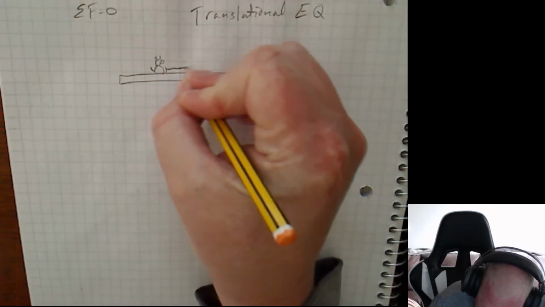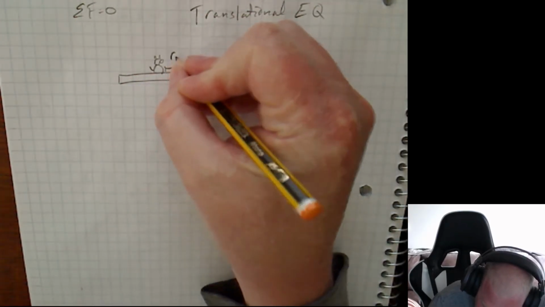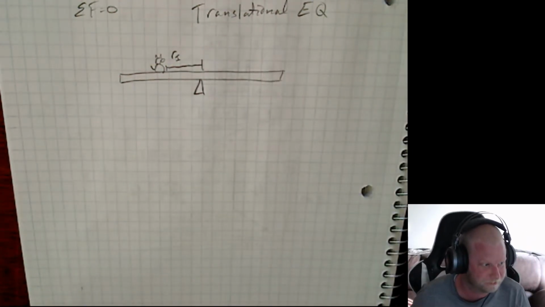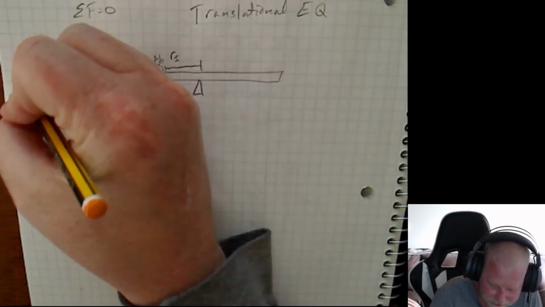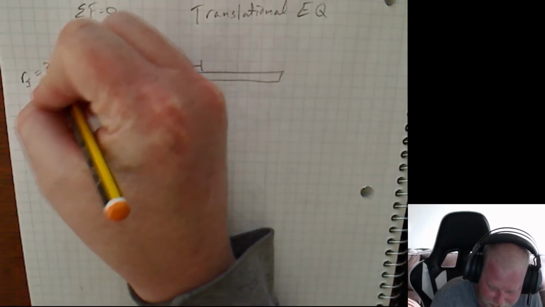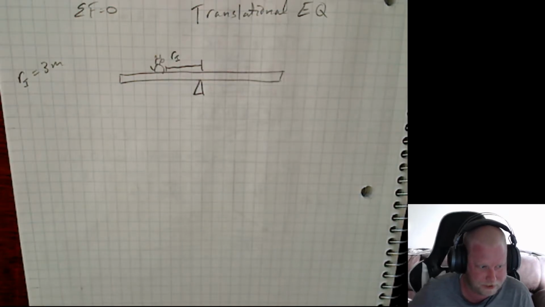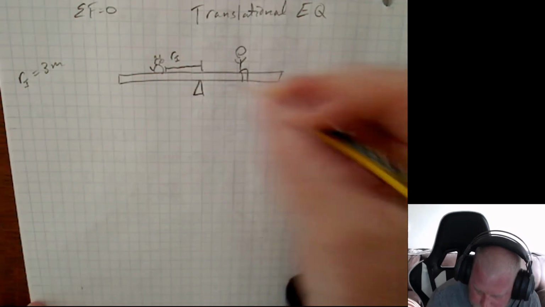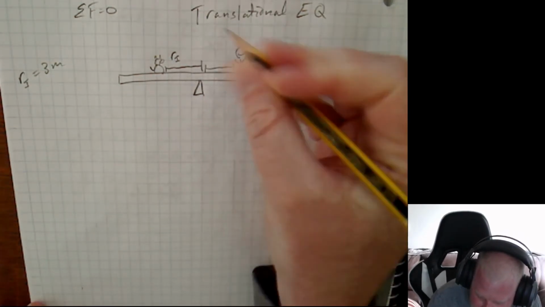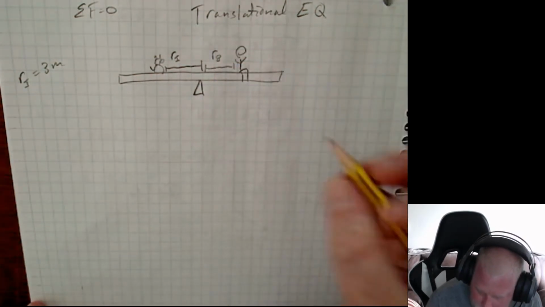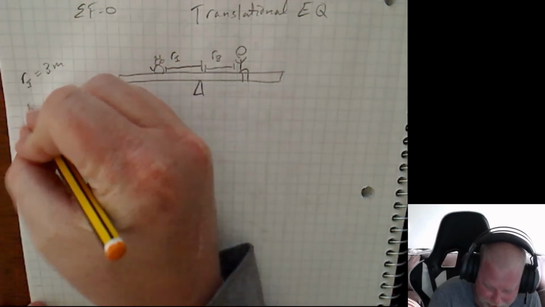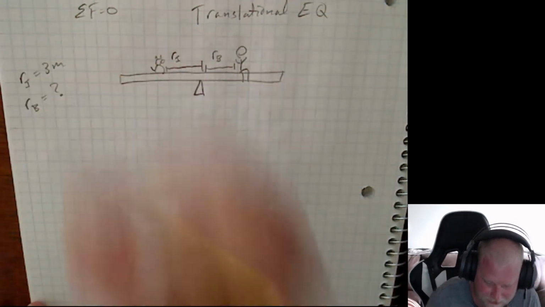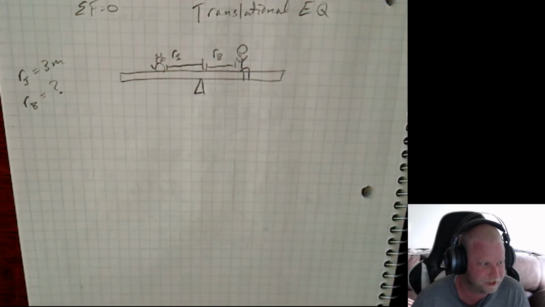So we can call this distance Ri for Irving, and that is 3 meters. And we want to know where the boy needs to be sitting in order to balance this out. So RB, the distance of the boy, is what we're looking for.